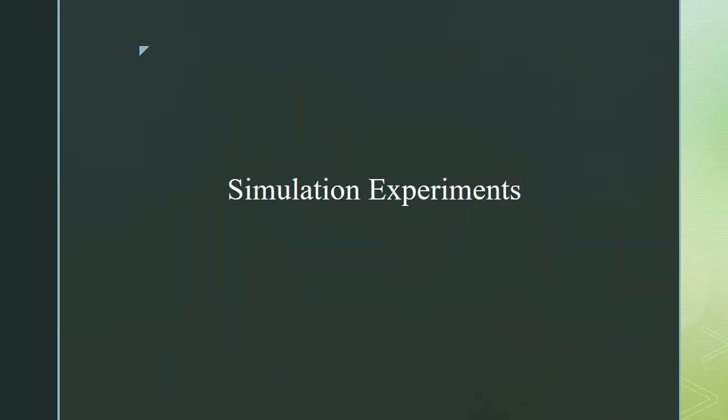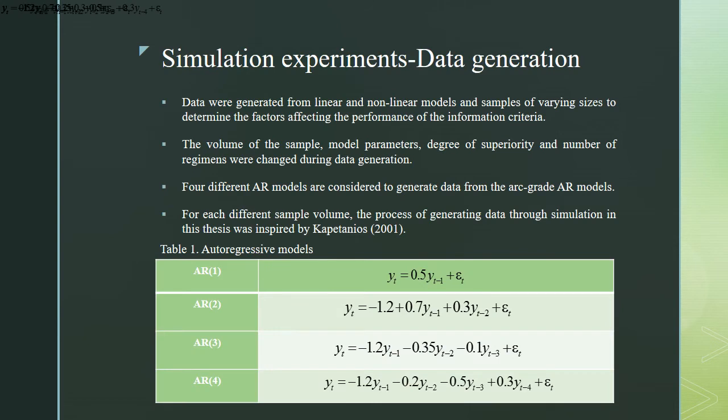Simulation experiments. Simulation experiment data generation: data are generated from linear and nonlinear models and samples of varying sizes to determine the factors affecting the performance of the information criteria. The sample size, the model's parameters, the degree of nonlinearity, and the number of regimes were changed during data generation.